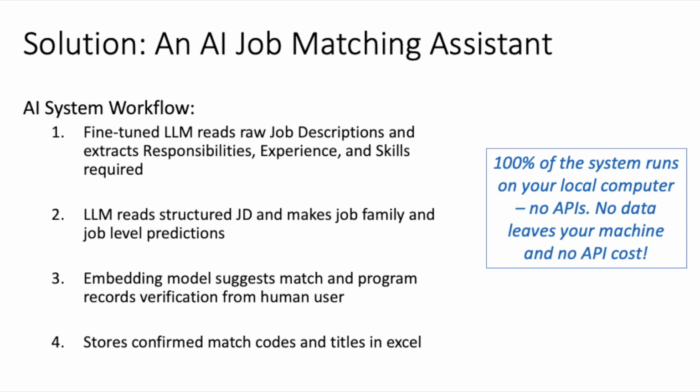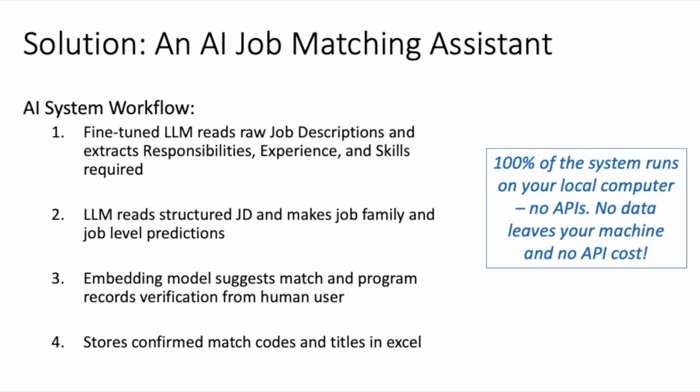So the first step is to take the unstructured, raw job description and convert it to this structured output. Once we have the structured output, we can then feed that to step two. We use another LLM to read that structured JD, that structured information, and make predictions about the job family and job level.